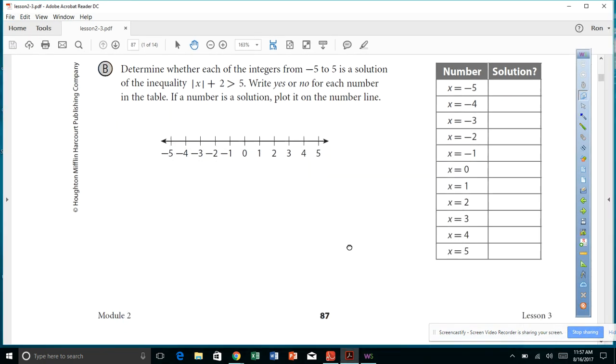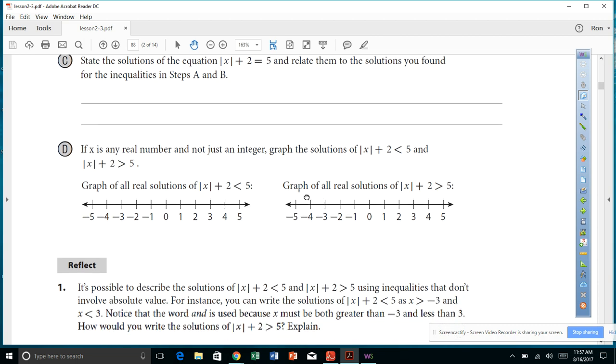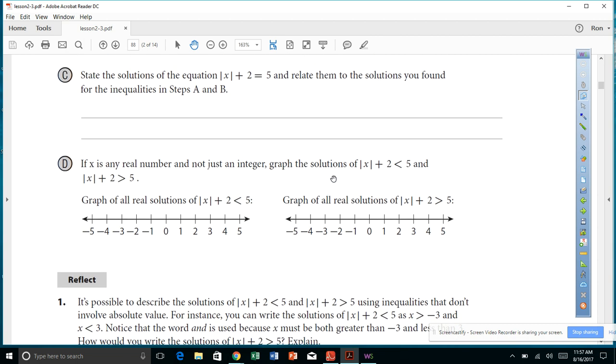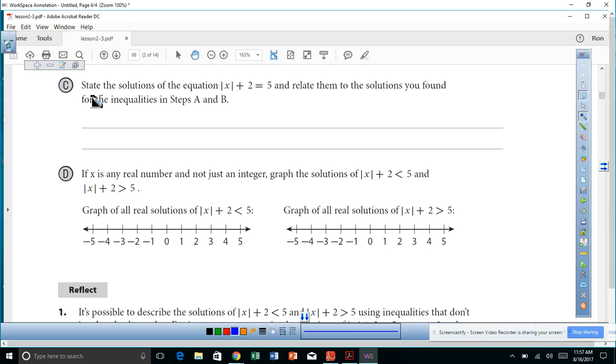All right, good. State the solutions of the equation, the absolute value of x plus 2 equals 5, and then relate them to the solutions in the inequalities for steps A and B. The solutions for the absolute value of x plus 2 equals 5. Well, let's see.